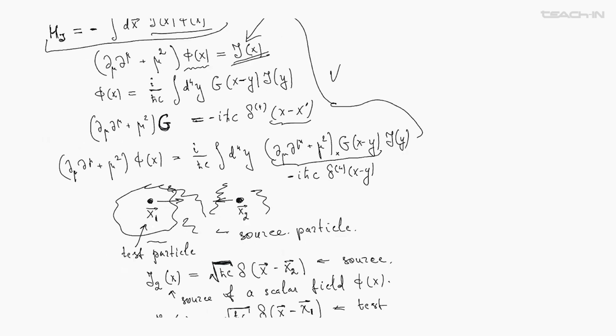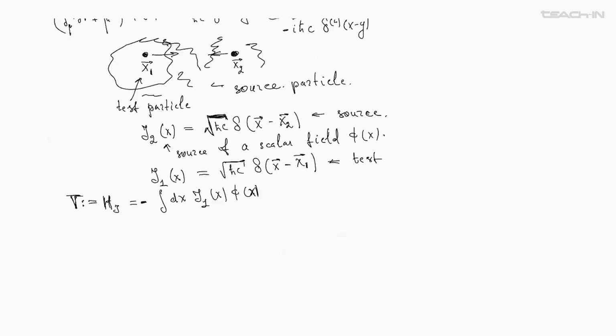But on the other hand, as I said, since phi of x is a scalar field produced by source J2, I can write for phi an explicit solution in terms of the Green's function. And so then, continuing this formula, I will write here minus 1 divided by h bar c, integral dx, a three-dimensional dx, and then I substitute J1 of x.